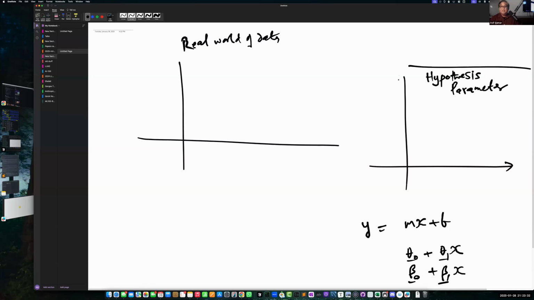So in the parameter space, whose coordinates are, let's say, beta 1, beta 2, observe that any line that you draw in the real world, let's say I drew the line A, this line has a slope and an intercept, isn't it? And therefore, in the hypothetical world, it will represent a point. In the parameter space, it will represent a point.